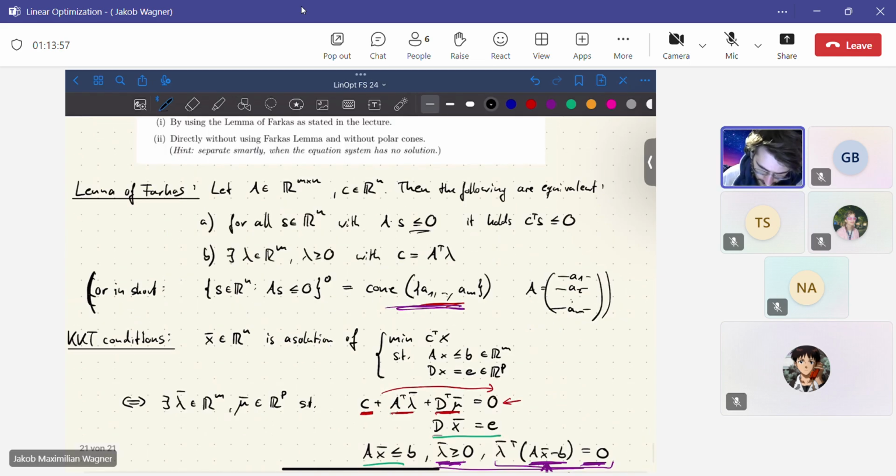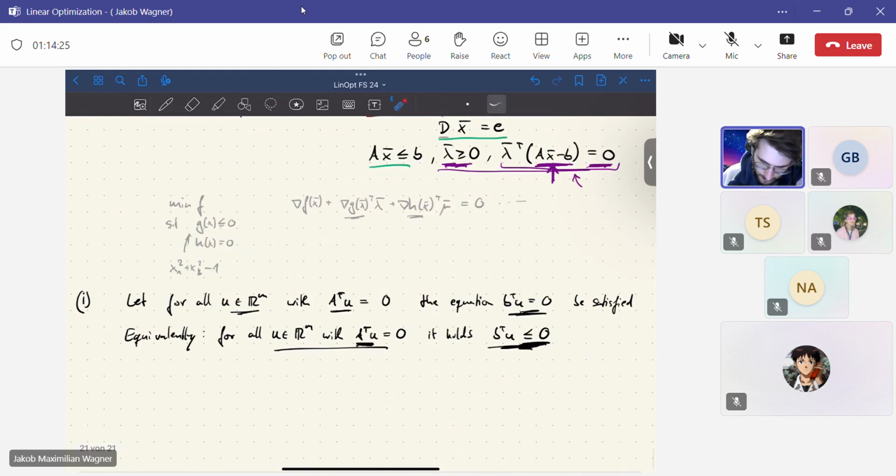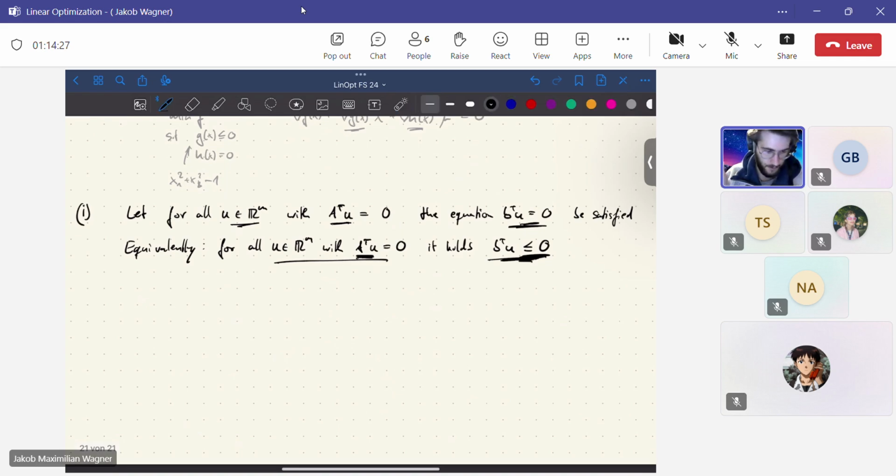So we are almost in the setting where we have this first statement of Farkas lemma. We call this here c and s. In this exercise, we call it b and x, but we have now this inequality constraint. We still work with the u that satisfies A transpose u is equal to 0, but this we can again split into two inequality cases.